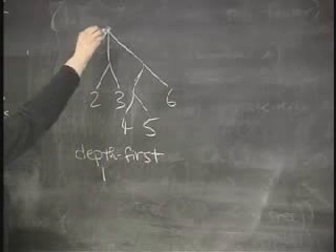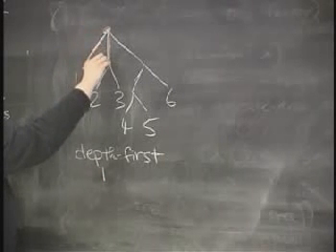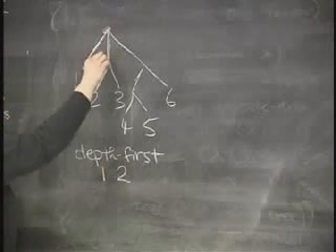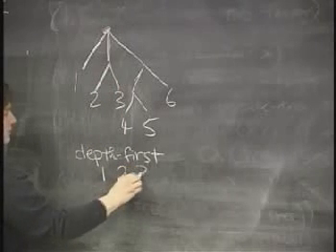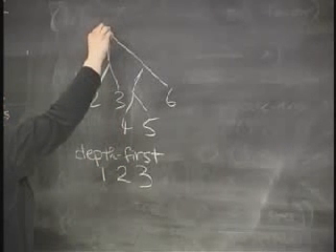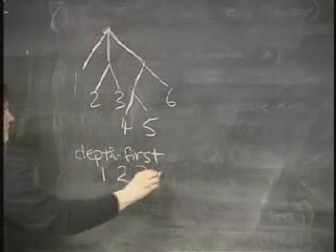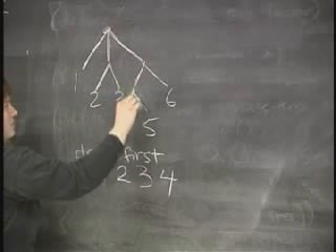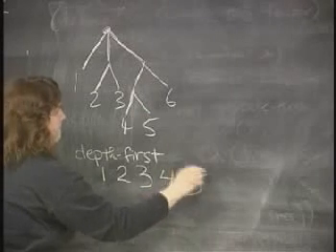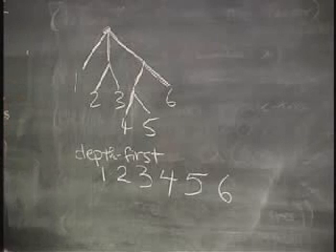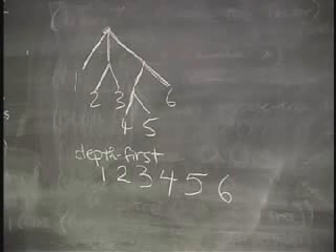Then we go back to the main node, go down the next branch and follow the left one down as far as we can. Go back up to the node, follow the next branch, go back up to the top, down the next branch, off to the left, back up to the right, back up to the end.